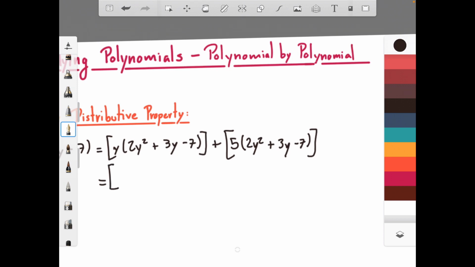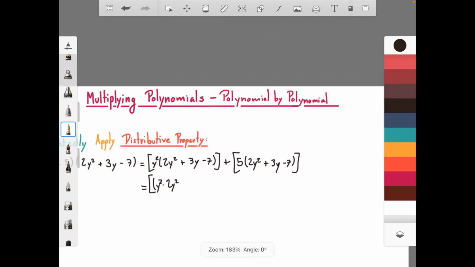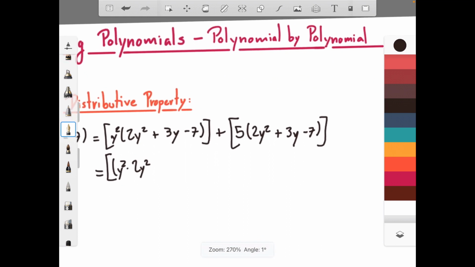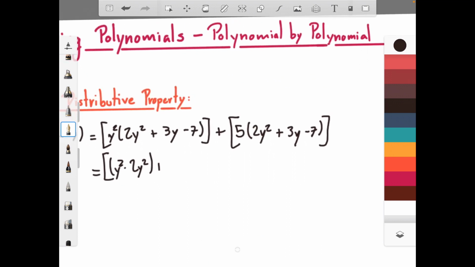I'm going to write it down so it's easier to understand. The first one is going to be y squared times 2y squared, and now we have plus y squared times 3y, and minus y squared times 7.